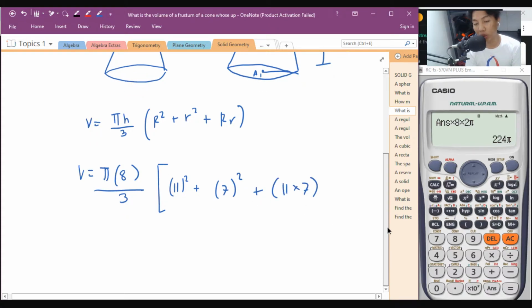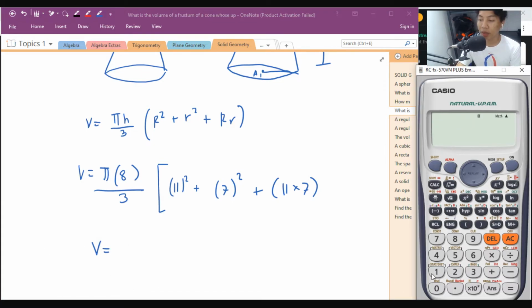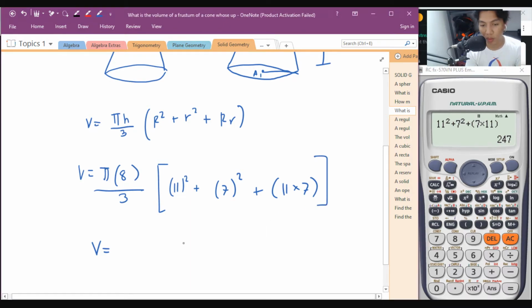Now, what will be the volume of the frustum? The volume of the frustum is 11 squared plus 7 squared plus 7 times 11. Okay? That will be 247 yung nasa loob. So, 8 pi over 3 times 247.